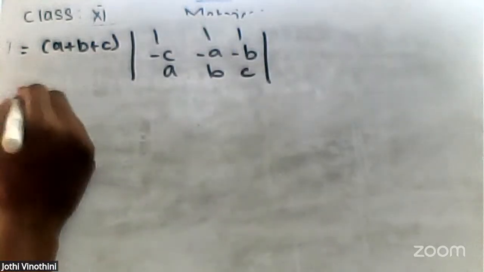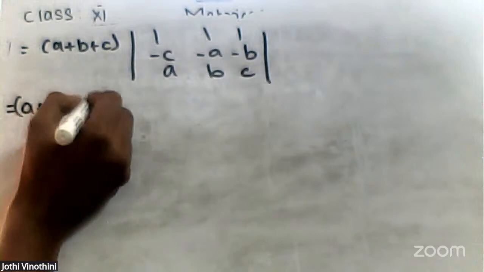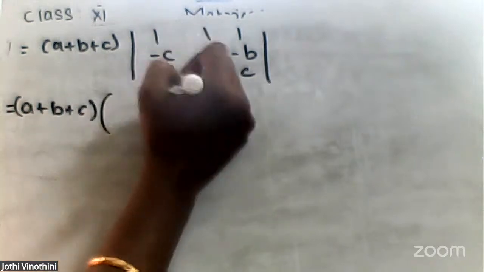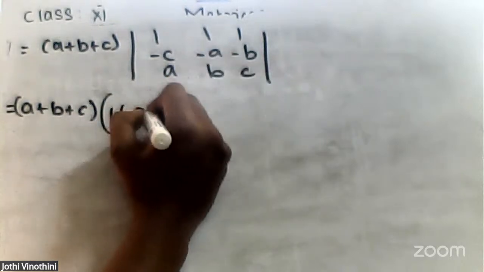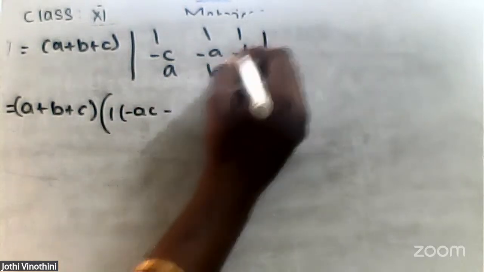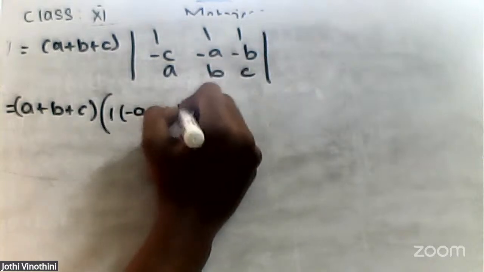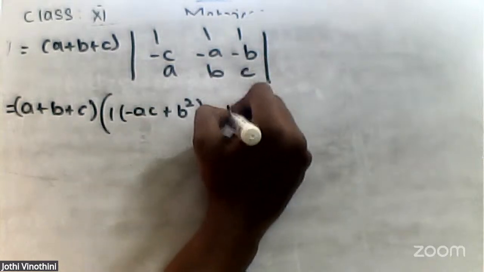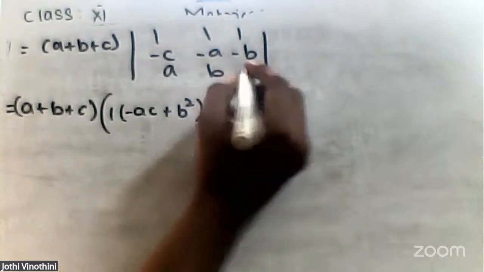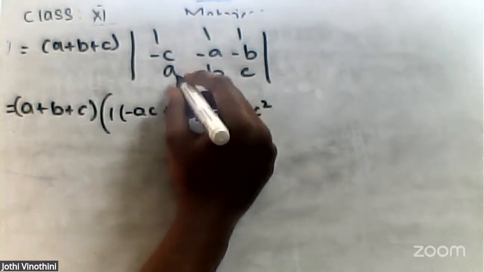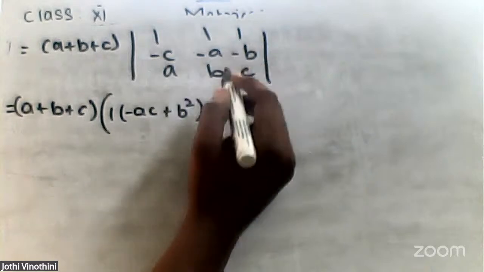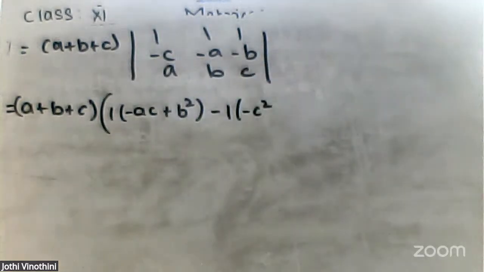So it will become A plus B plus C remain the same. So it will be 1 multiplied by minus AC minus of minus B squared. So it will become plus B squared. Minus 1 multiplied by C minus C, so minus C squared. Here while we are doing like this, we have to add a minus before that.